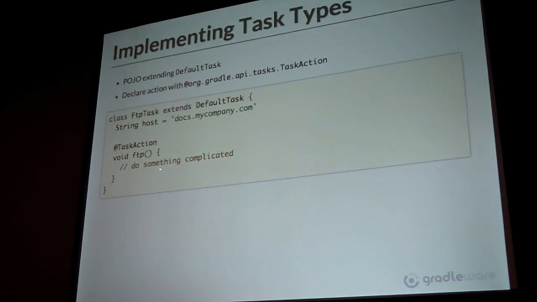And then the important missing bit is you annotate it with @TaskAction. That is an annotation that comes from the Gradle APIs, and this is how Gradle knows that whenever I should execute such a task, I need to execute this method. Because you can put in any number of methods as you like, just for coding reasons, but one of these methods needs to be the entry point, and that's simply done by annotating it with @TaskAction.